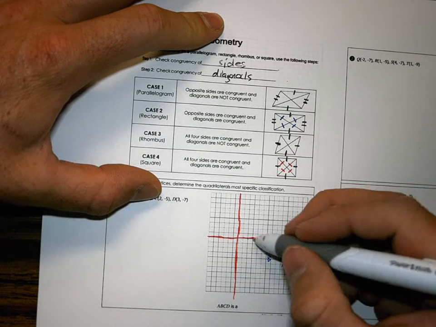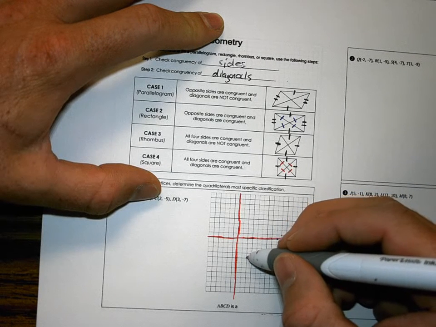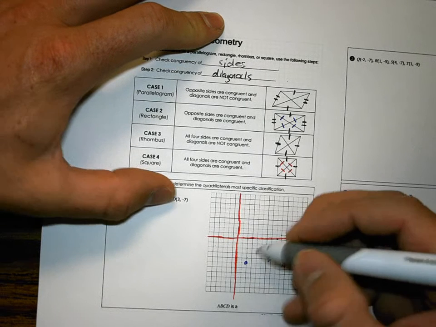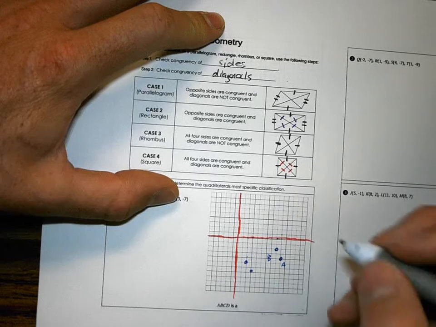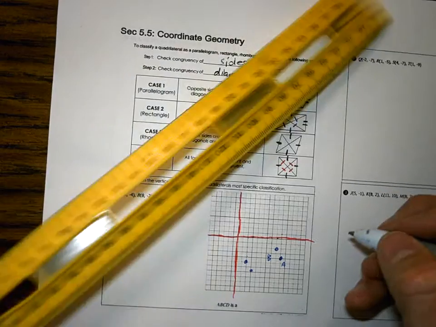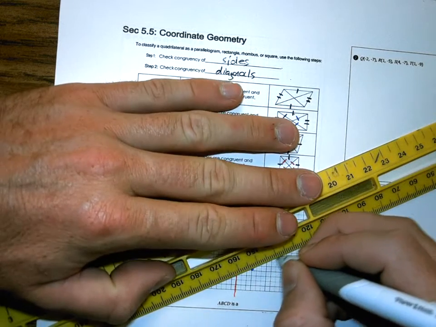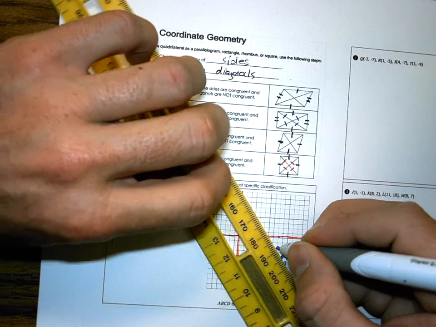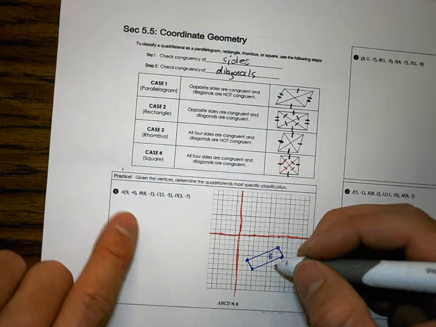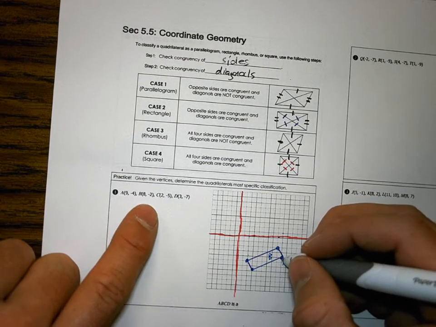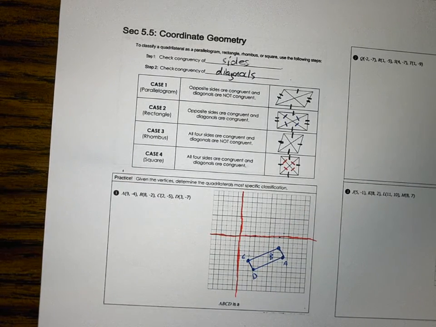C is 2,-5. D is 3,-7. Okay, so that was A, B, C, D.